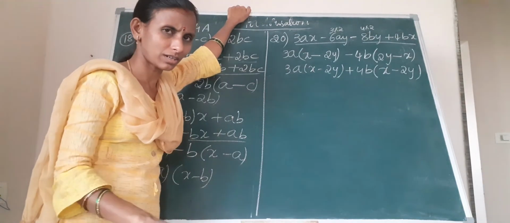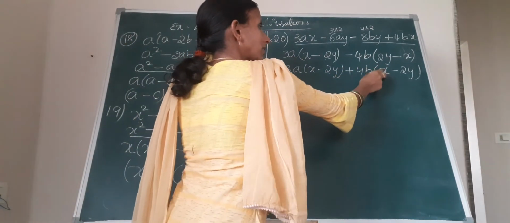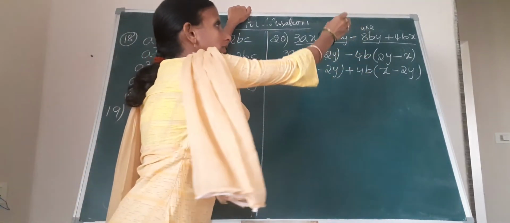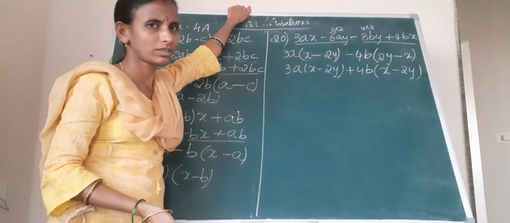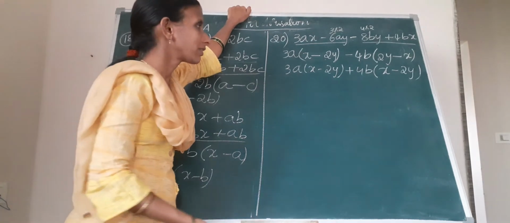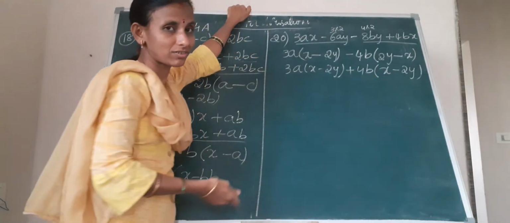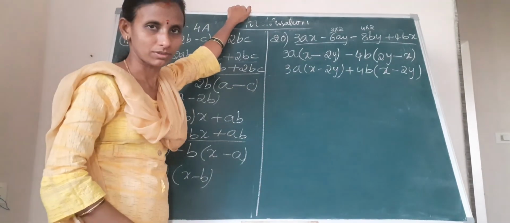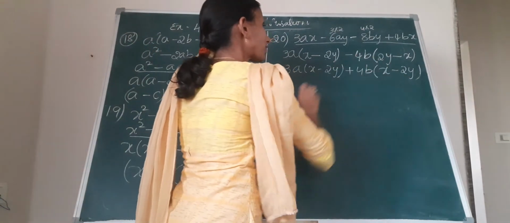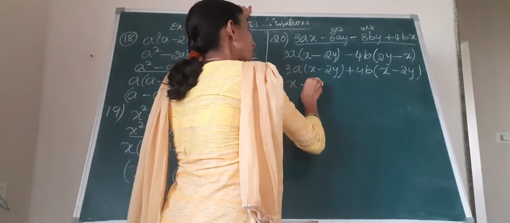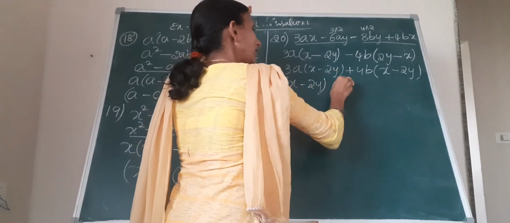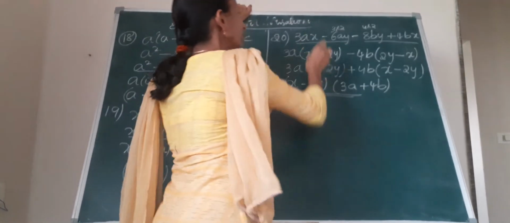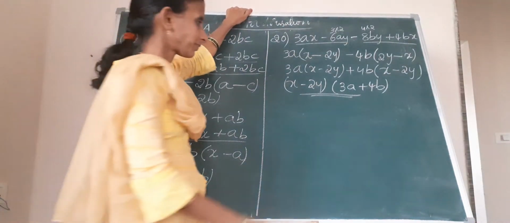See, if you have any confusion, if you multiply this, again you are getting the same above step only. Means what is given in the question, same variables only we will get. But why are we doing this? We need to factorize this given expression. So for that purpose, we are doing this process. Okay? So now what is common in both the terms? X minus 2y is common, and here 3a plus 4. Now these are the factors of this expression.